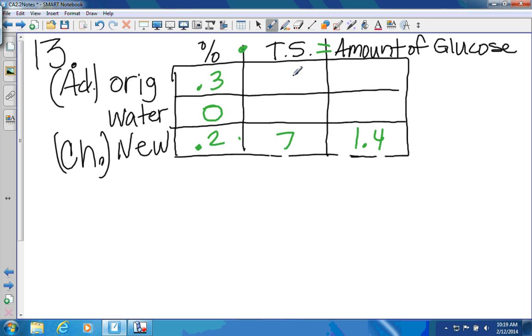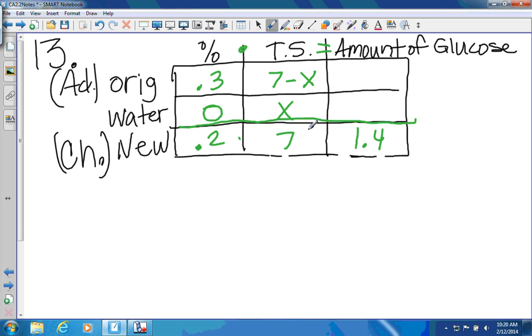Now we have to figure out how much of each one of these two we have to put together in order to get 7 ounces. That'll be 20%. So one of these two things has to be x. It doesn't matter which one. If you want water to be x, then this would be seven minus x, because they have to total this down here.